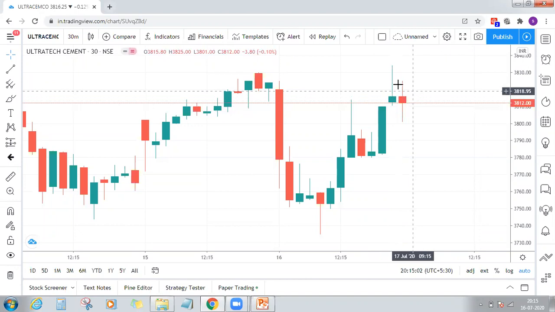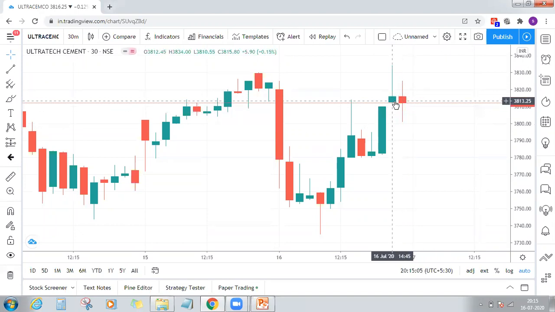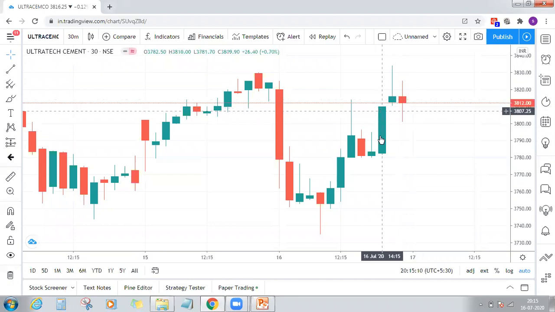But the next candle, it failed. It failed to close below the low. So buyers are still aggressive. Look at this long green candle. It neither has an upper shadow, neither has a lower shadow. So open is equal to low and close is equal to high. Normally we look at only one factor, if open is equal to low or not for a bullish candle. But here open was equal to low.